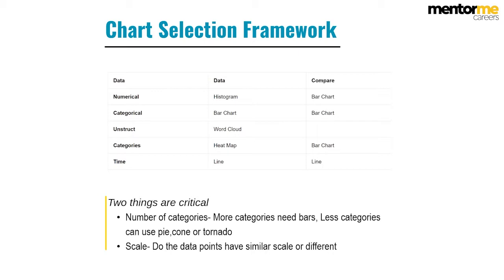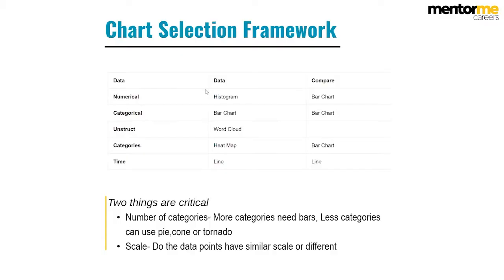If it's a relationship, there's a certain chart you can use. If you're showing categories, there's a certain chart you can use. And if you're showing a categorical division of data across time, then there is a different chart for it. I've given some names here.